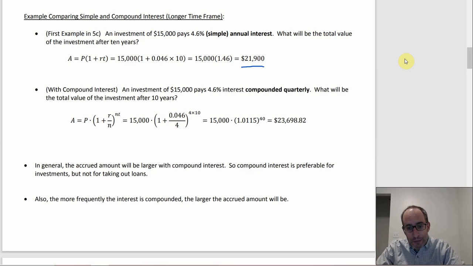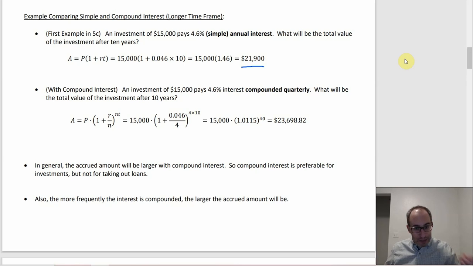So we had that. But then with compound interest, let's say we're going to compound quarterly, right? Because I need it to be like monthly or quarterly or something. I just picked quarterly. But what would be the total value of that investment after 10 years? Well, if you're compounding quarterly for 10 years, then interest is going to be computed 40 times because it's going to be 4 times a year, right?